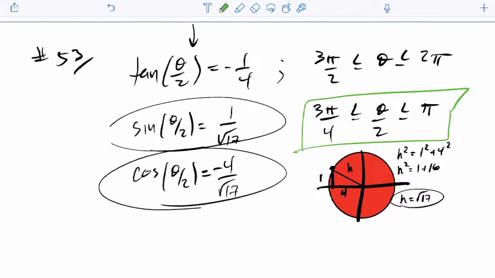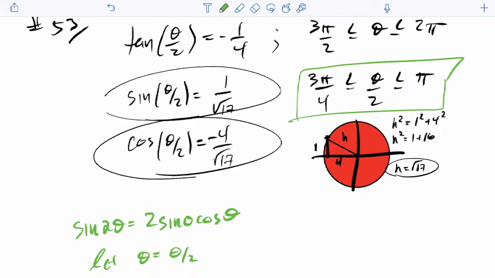So the idea here is, the sine of 2 theta in general is 2 sine theta cos theta. So if I let theta equal theta divided by 2, we kind of talked about this in class. You know the sine of theta is 2 sine theta over 2 cos of theta over 2.